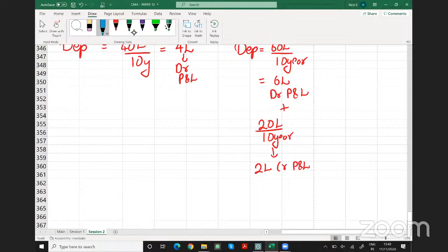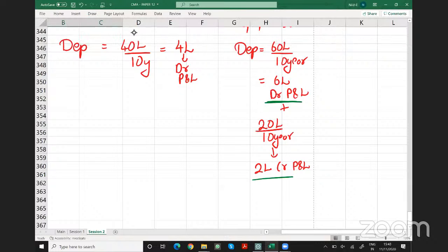Means you should debit 6 lakhs and credit 2 lakhs. The net effect is again 4 lakhs only. It is just a presentation given.